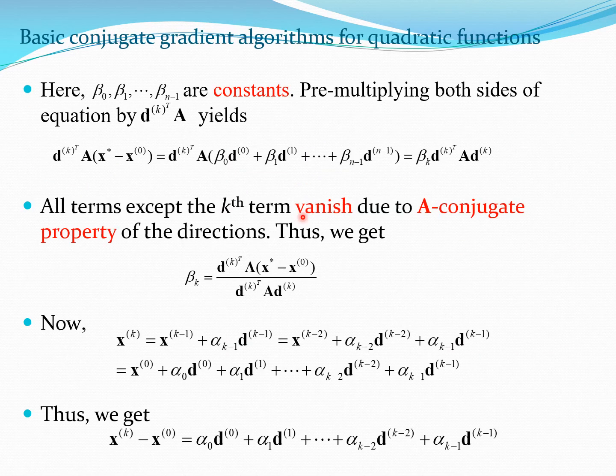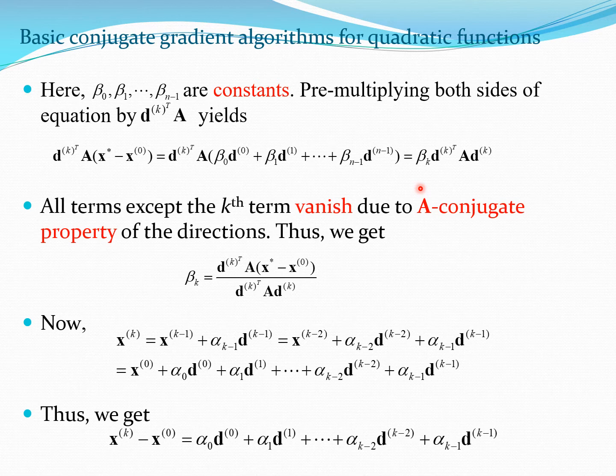Now we take that last equation and pre-multiply it by dk transpose A. Essentially we get this equation here, and again, because of this A-conjugacy property, a lot of the terms vanish on this side, and all the terms where d superscript k is not present become 0.